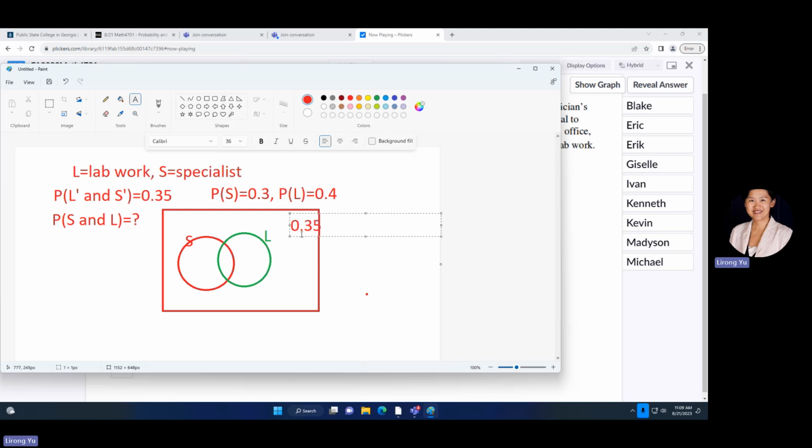And that is indicating S or L, from the first thing that you read.